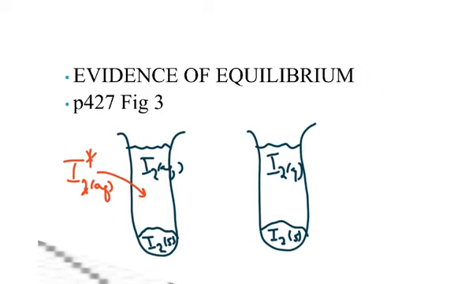But some of the radioactive iodine that was just put here was actually also in the solid phase. So it had actually recrystallized, and it was in a very particular proportion. So what this meant is that some of this iodine had actually gone into the solid phase, even though it looked like nothing was happening.